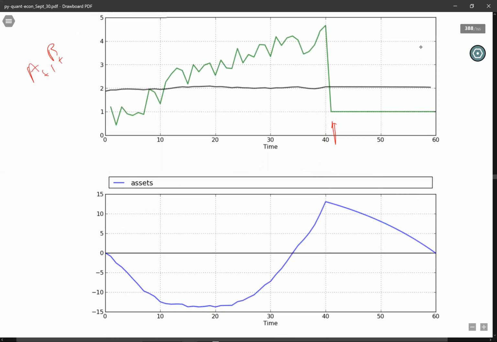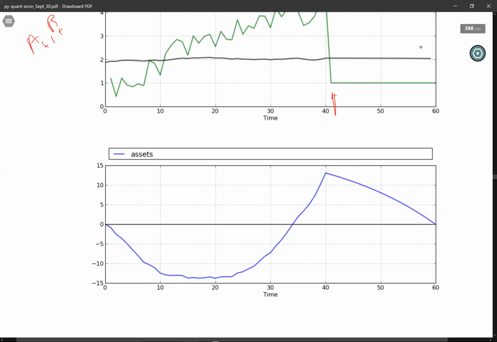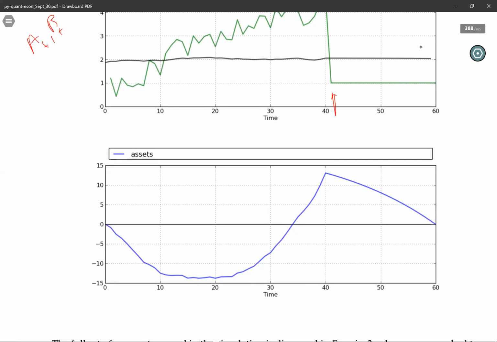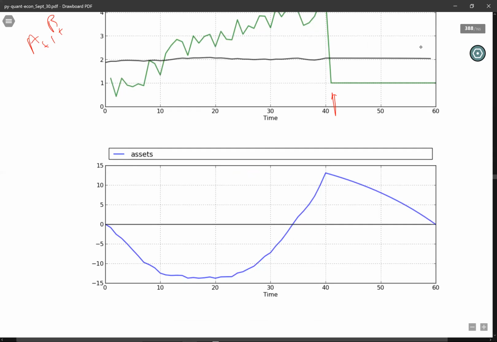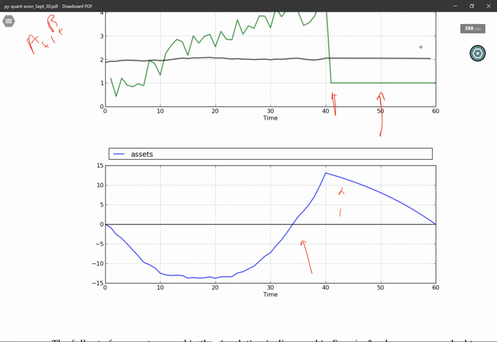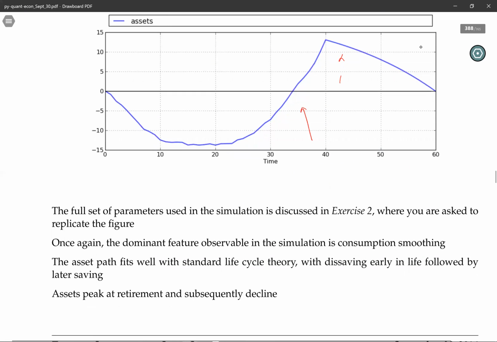So what does this guy do? Now this starts looking really good. What the person does is early on, again, it borrows because he knows his income is going to go up. But then later in his life, he builds up assets. And why does he build up those assets? Because he realizes that this zero income is coming, and then he's going to have to live off his savings. So that's what's in here. Okay.